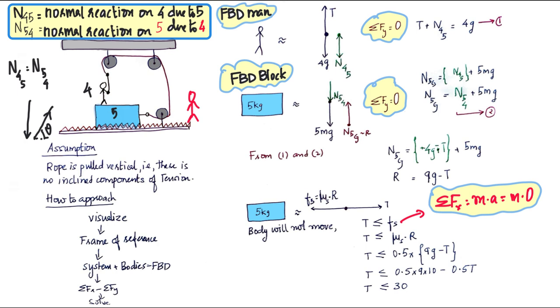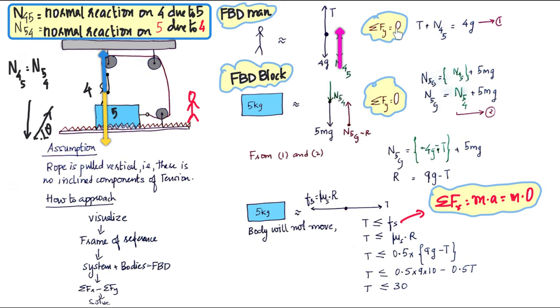So there will be weight of the man acting downwards, and then tension acting upwards. Also, there will be a normal reaction on the man, because this man is standing on the block, which will exert a normal reaction on the man, which I'll call the normal reaction on the 4 kilogram due to 5 kilogram.